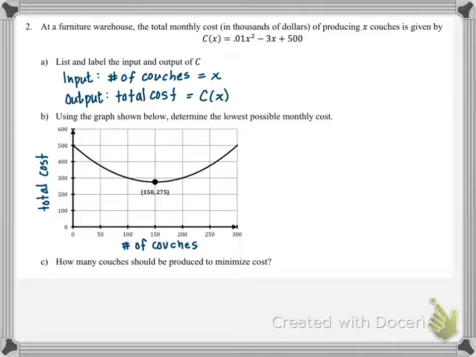It's visually, for real, the lowest one. So it's the one where I put a dot. So this is the ordered pair, right? That's an X value and a Y value. Madison, which one of those is going to be my cost? The 150 or the 275? Yep.